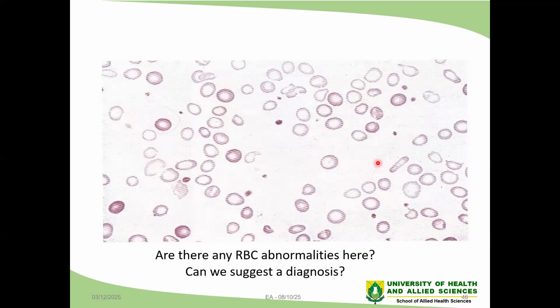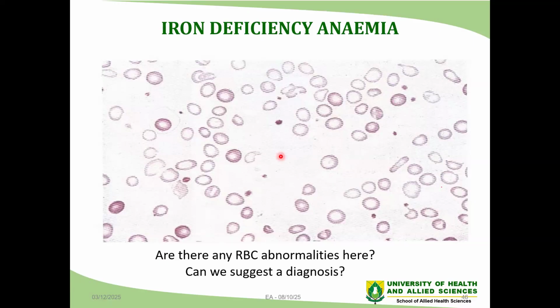And let's also note that sometimes you may have a combination of things happening in the patient. All right. So per what we have here, we could say that this patient may be having iron deficiency anemia. Yes, of course, the iron deficiency anemia could also be as a result of a lot of hemolysis.